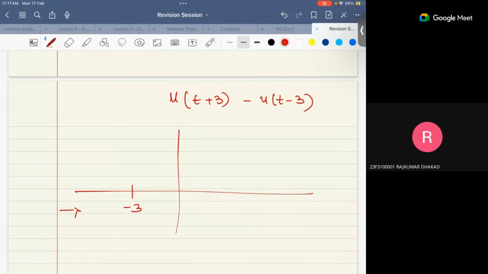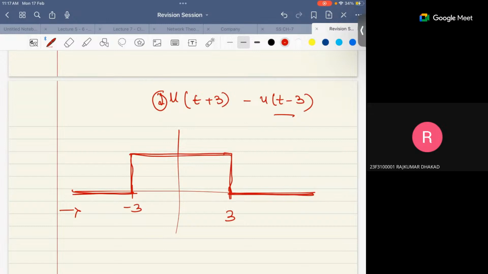At t equals minus 3, it gains a value of 1, so it will start having a value of 1. It will go till t equals 3. At t equals 3, the value again declines by 1, so it will come down again. This is how you define the signal.